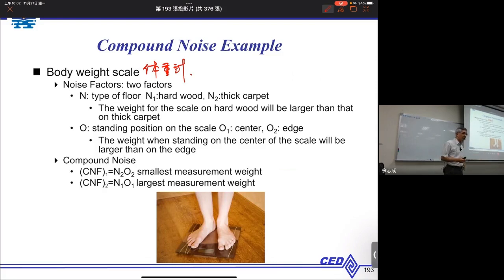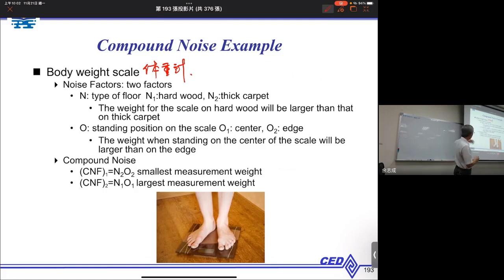You will find that if you put the scale on the hardwood, the weight will be slightly larger than if you put your scale on the thick carpet. This is a noise, right?